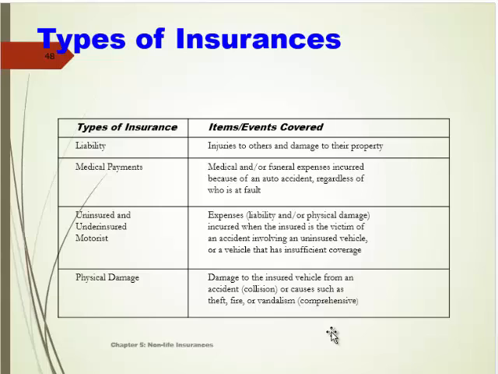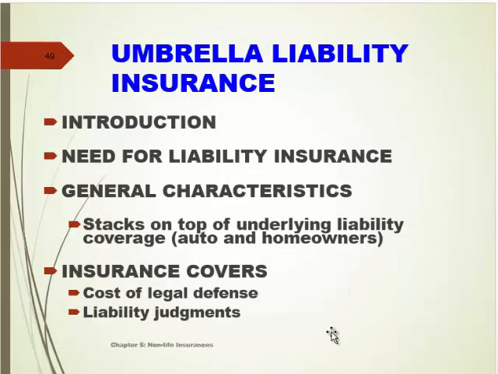So, again, what types of insurance do we have? We've talked about liability, medical payments, covering for uninsured or underinsured motorists, payment for physical damage. Those are the types of insurance that you want to be incorporated into your car insurance.